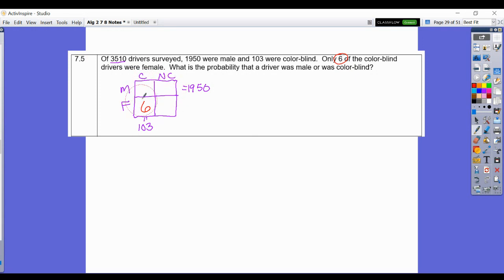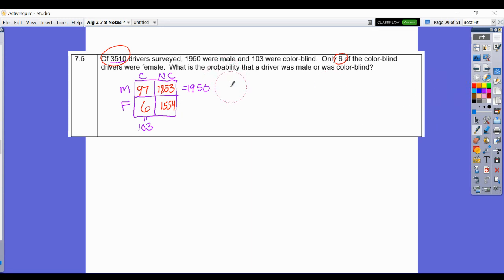So let's do a little subtraction there. Subtract those, that leaves 97 colorblind males. And if I subtract the colorblind ones from the total number of males, I get 1853. I also have a total number of drivers, so I can fill in this box with 1554. Not sure if we're going to need that one to answer the question, but we fill in the table anyway, and then we can answer the question.